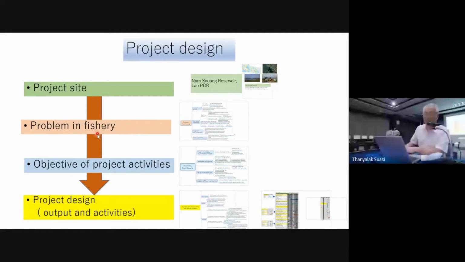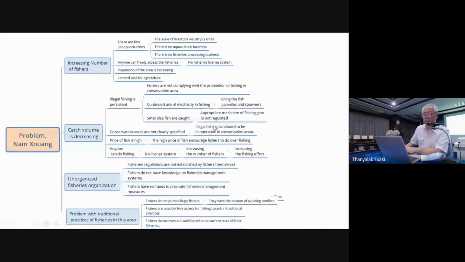The next step is we clarify the objective, what we should do in the project as project activity, and finally making the project design. First is to clarify the problem in the village, and from previous research in this area, there are 4 main problems.